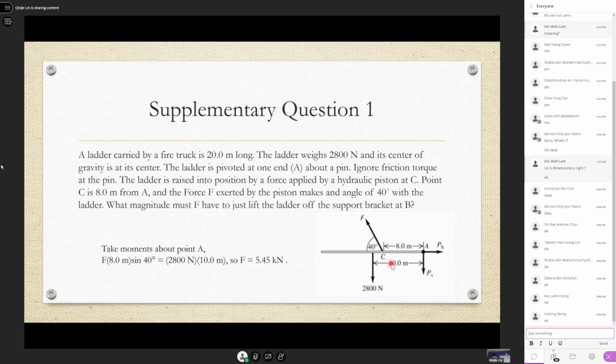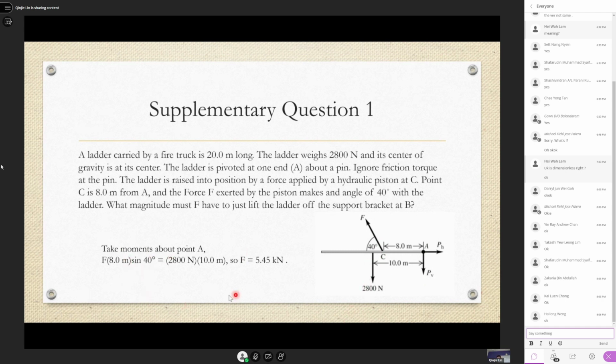You can see it as this force multiplied by the perpendicular distance, or you can resolve this F into one in the vertical direction and one in the horizontal direction. Same thing. If you resolve F into one vertical and one horizontal, only the vertical one will play a part in the torque. You realize the horizontal one will just pass through this point. So that's how you get this sine 40 term on the left.